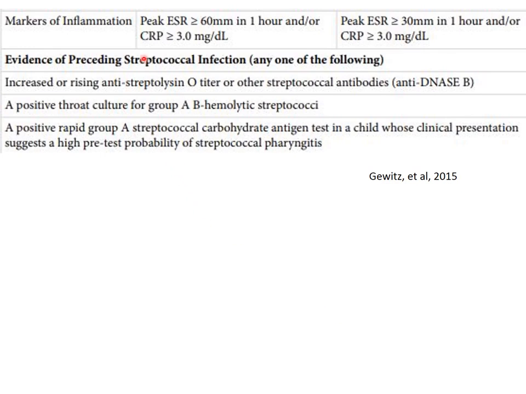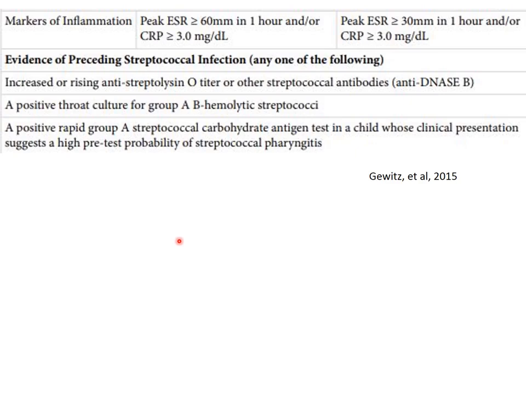The markers of inflammation, sedimentation rate is equal to or more than 60 millimeters per hour in the low-risk population, and the CRP of equal to or more than 3 milligrams per deciliter, whereas in the moderate to high-risk population, you have an ESR of equal to or more than 30 millimeters per hour with the same CRP level.